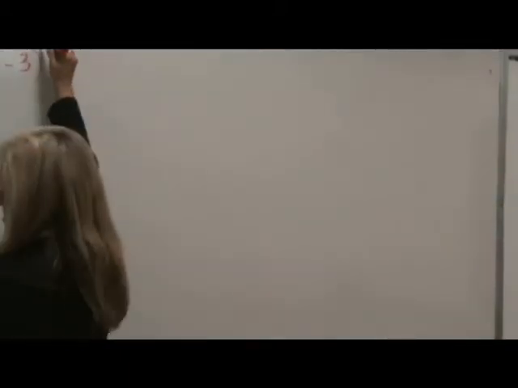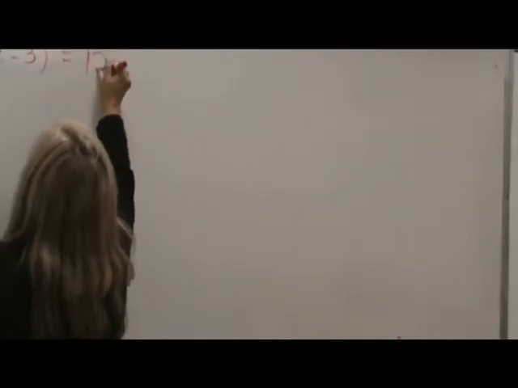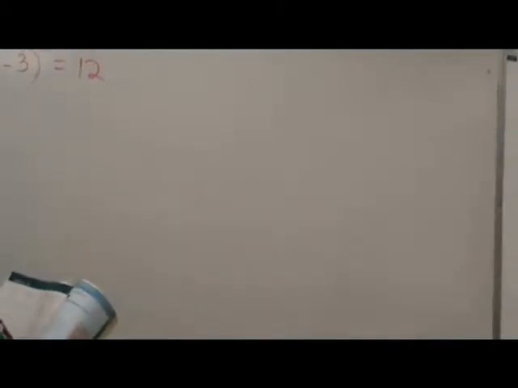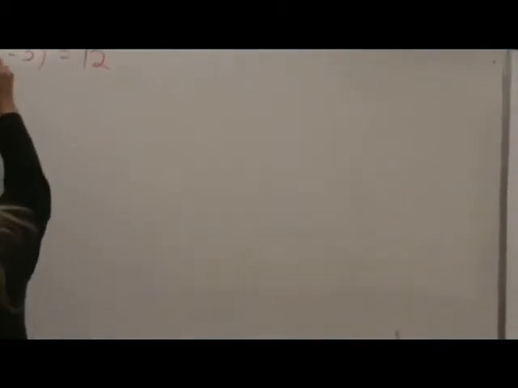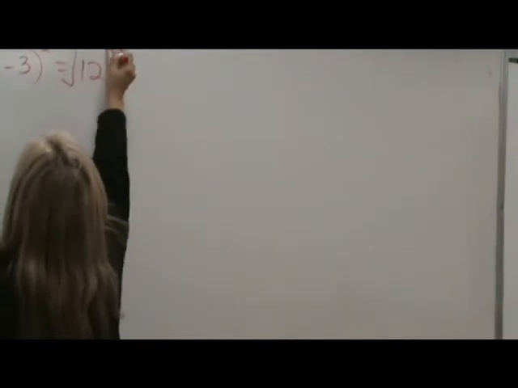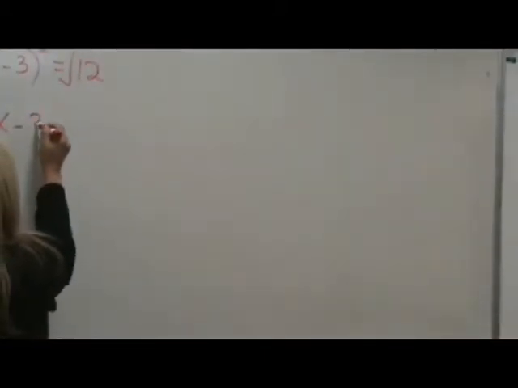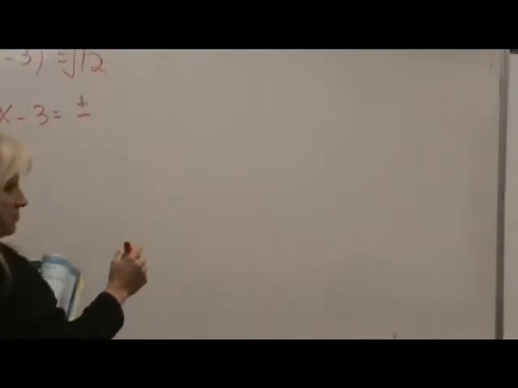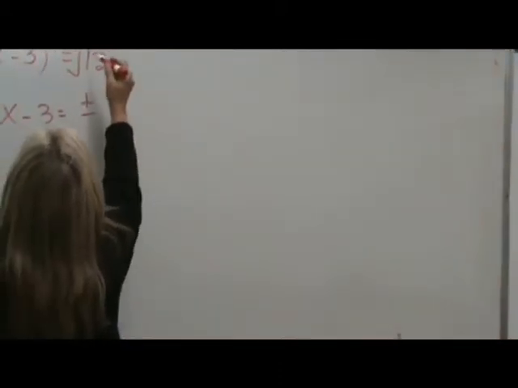So if we had x minus 3 squared equals 12, how do we start with that? We just take the square root of both sides, right? Then we have x minus 3 equals, and something you don't want to forget is the plus and minus.